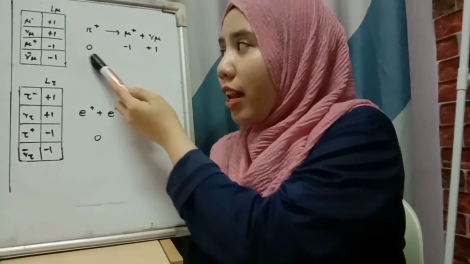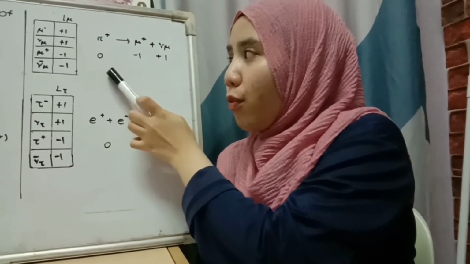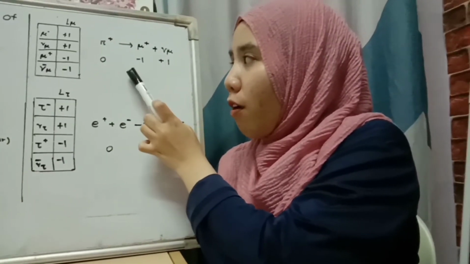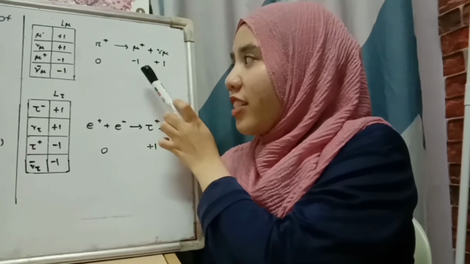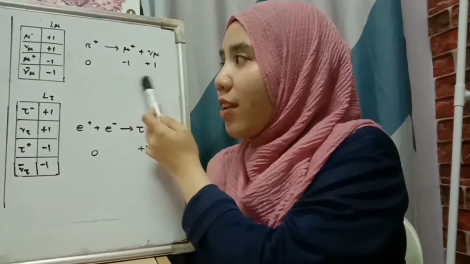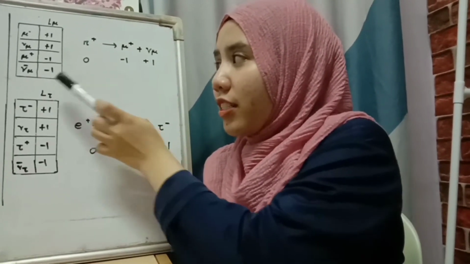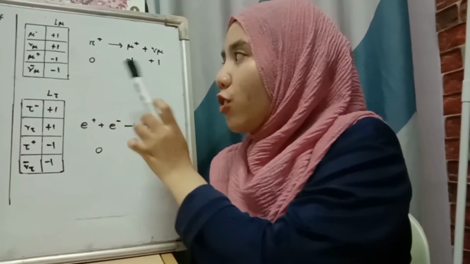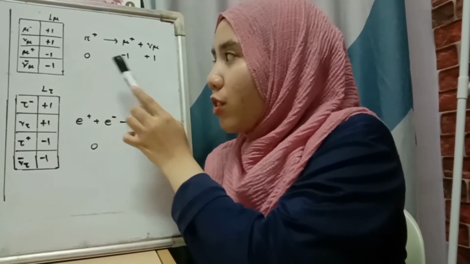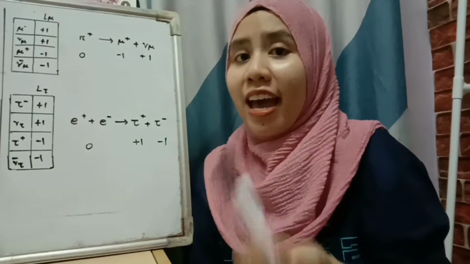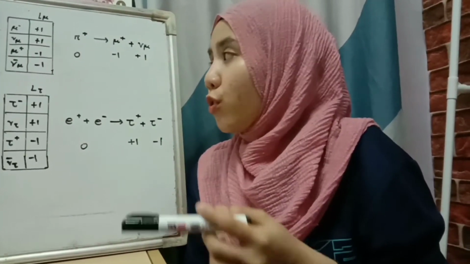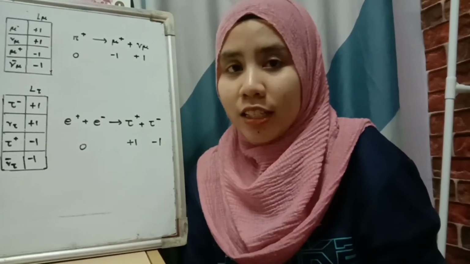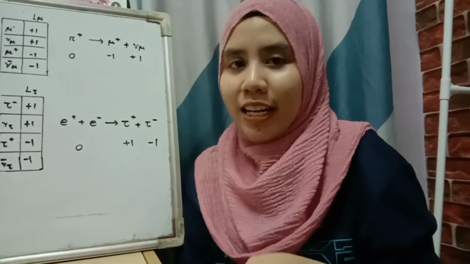Because on the left side, the value is 0, and on the right side, the values are negative 1 and positive 1. We get the values from this table, which is already given. So when we add up, we will get 0, which means it occurs, or takes place, in nature.